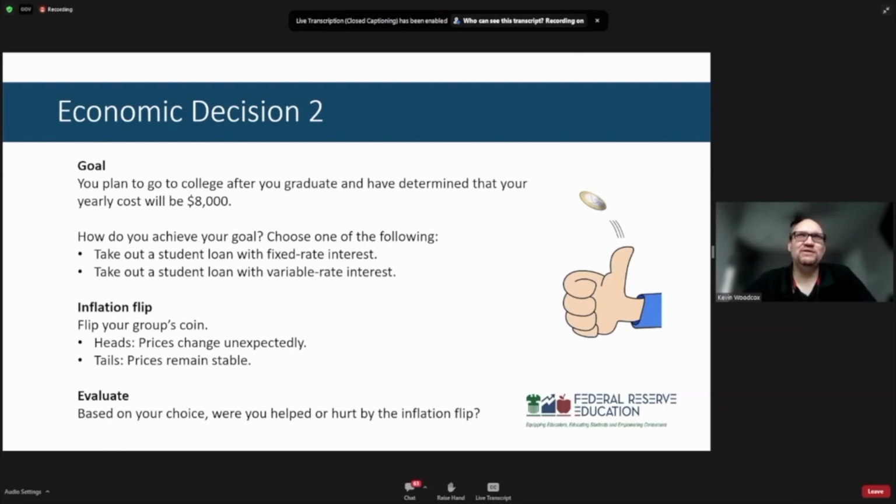You're going to take out a student loan with a fixed rate, or you're going to take out a loan with a variable rate. You're going to pick one of those two. And again, you're going to flip that virtual coin, heads, which will tell us that prices have changed unexpectedly, or tails, that prices remain the same.